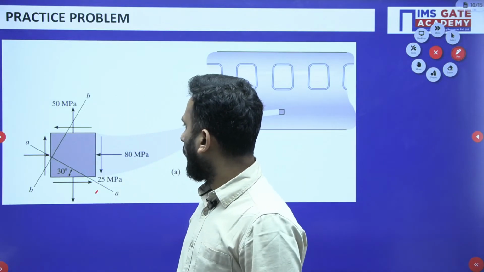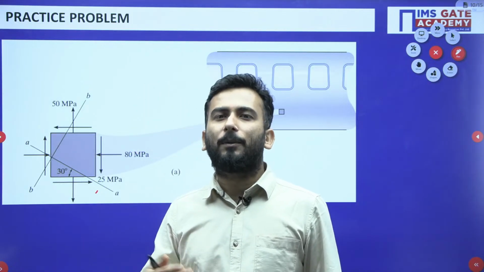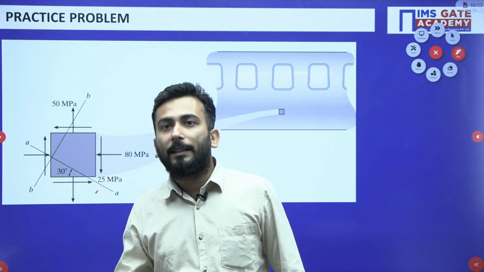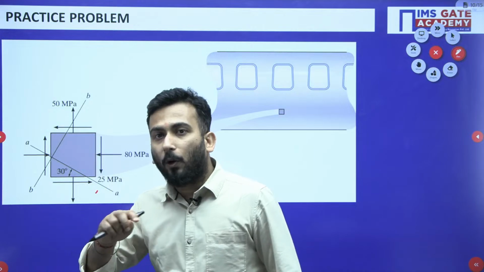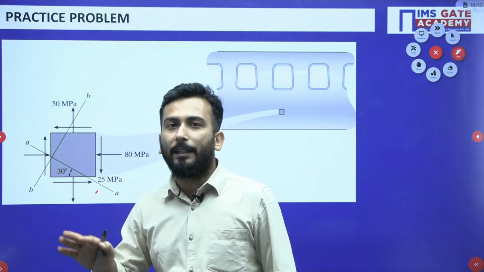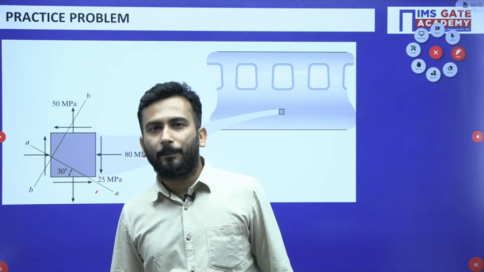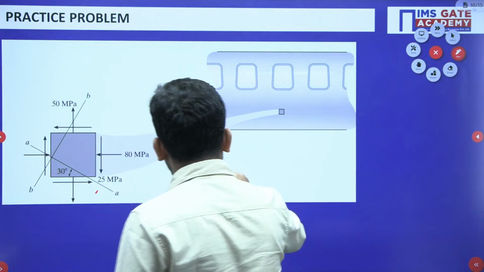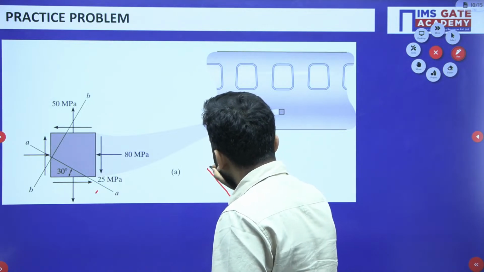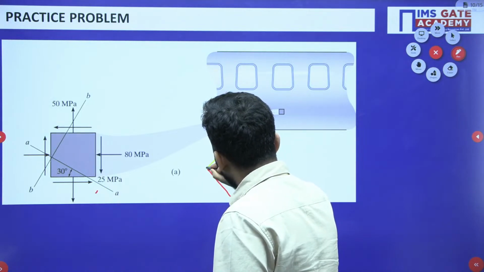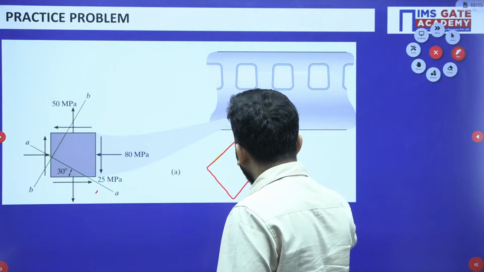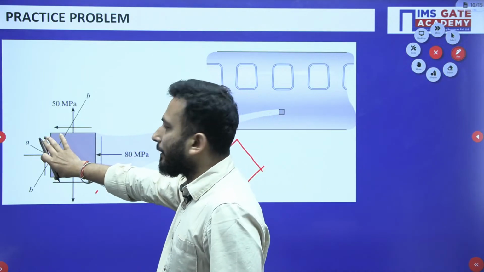Although it is not mentioned which plane it is, just for the sake of simplification I am considering it xy. The question is that he is asking you the forces on an element which is rotated by 30 degree from this base. If I want to show you, he is talking about something like this: if this element is rotated by 30 degree, this is the element, and just try to rotate by 30 degree.